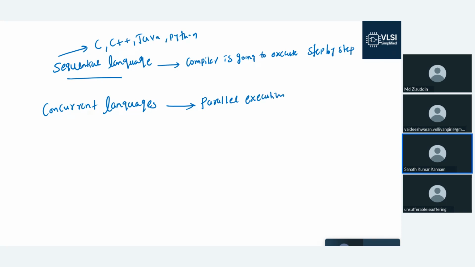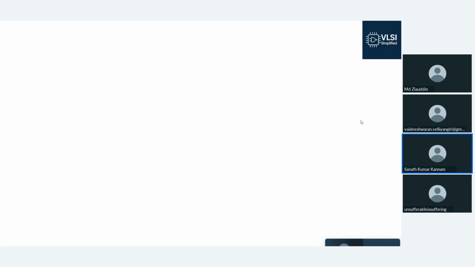We already saw HDL, VHDL, Verilog, and SystemVerilog. These are concurrent languages. Whatever hardware description languages there are, those are concurrent languages. So this is about sequential and concurrent languages.